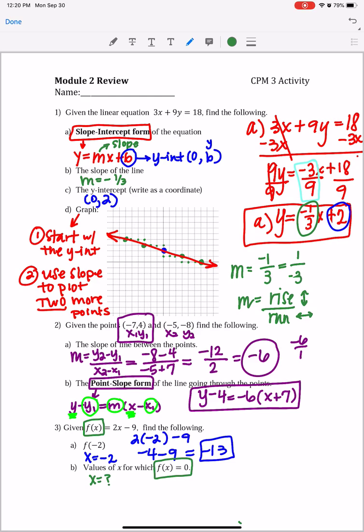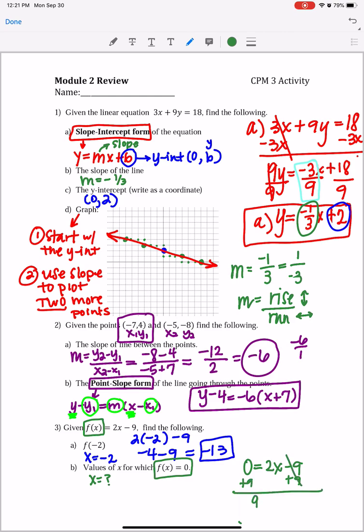So now I have 0 equals the equation 2x minus 9. Find x. So to get x by itself, we would add our 9 over.